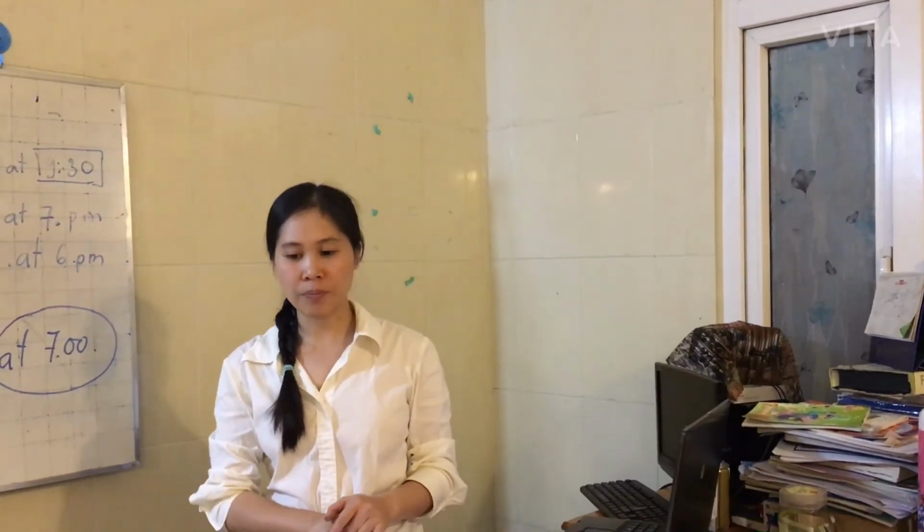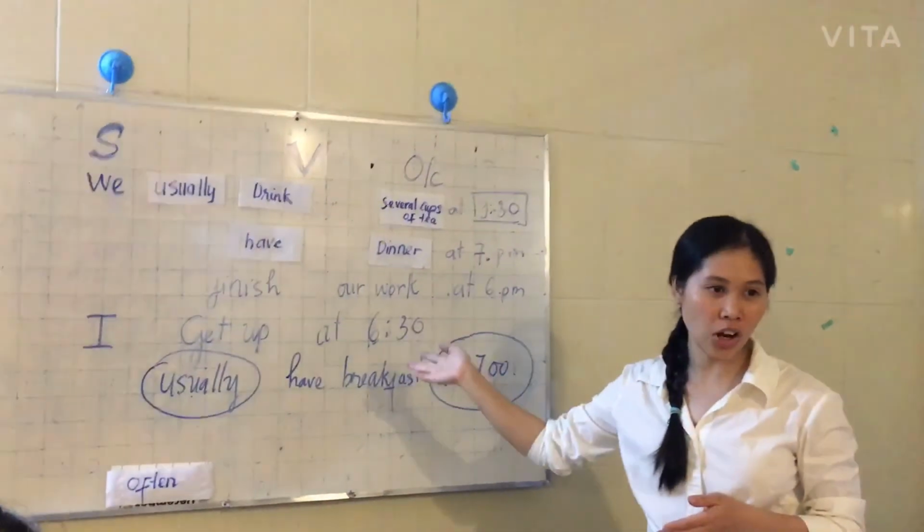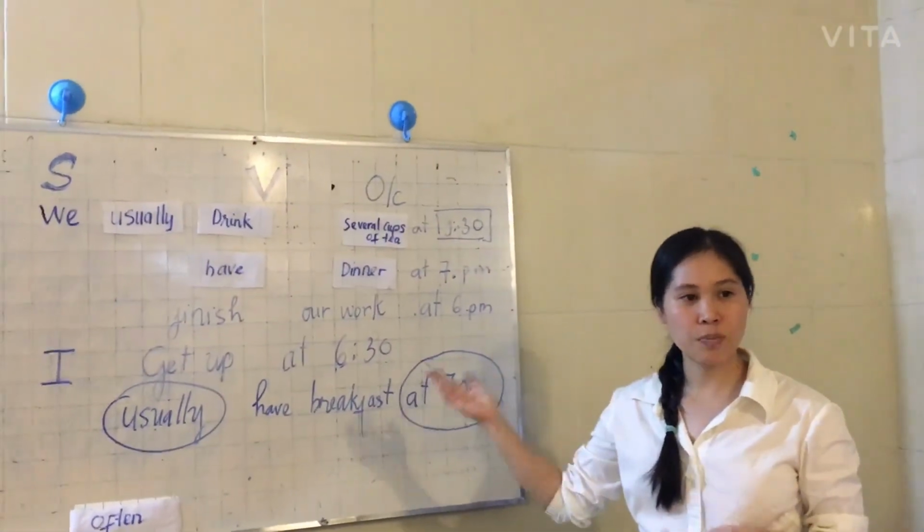I hope that you will have a good time eating together when you go to the cinema. And do your homework in the textbook, and remember the structure. Today we learned about the simple present tense.